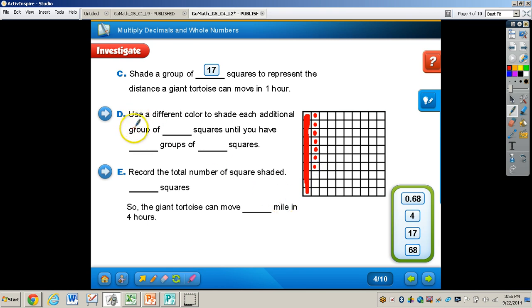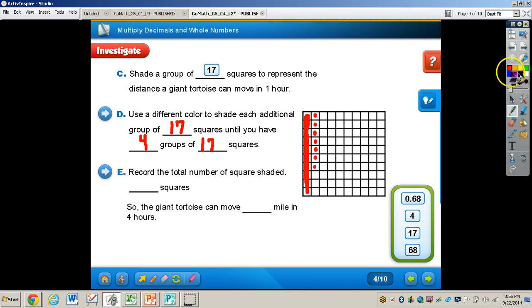Okay, and then letter D, it says use a different color to shade in each additional group of 17 squares. Why 17 squares? Because it's 17/100ths of a mile, until you have 4 groups of 17 squares. Okay, so that's one group of 17.